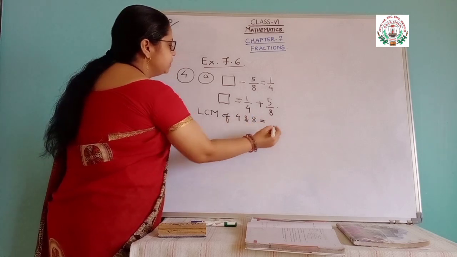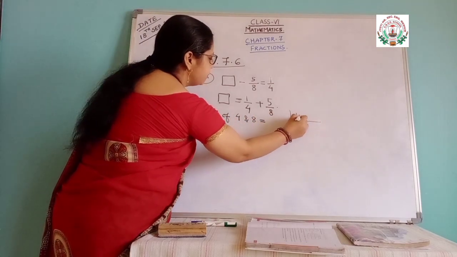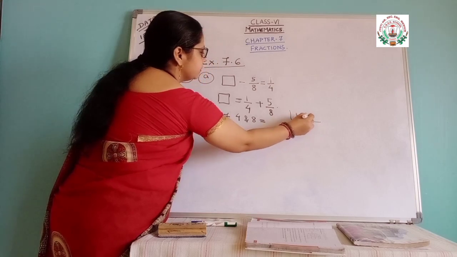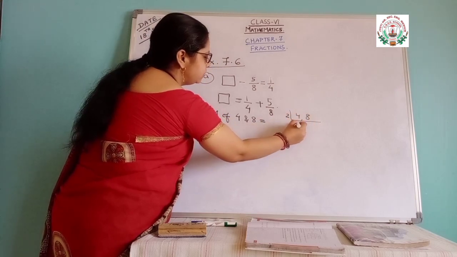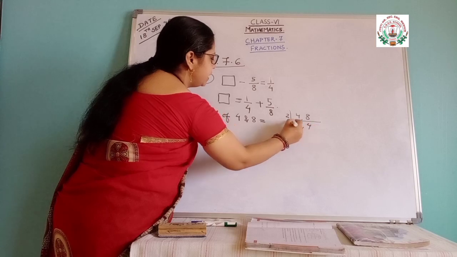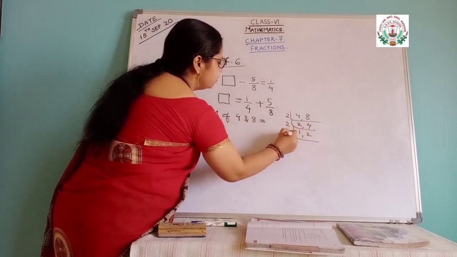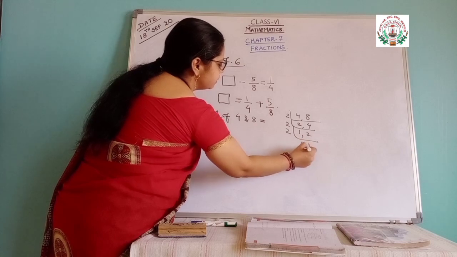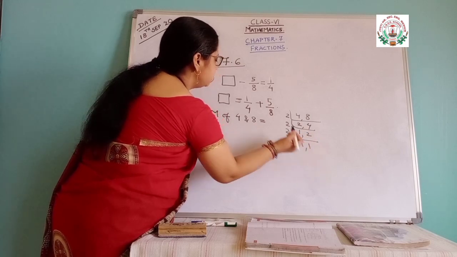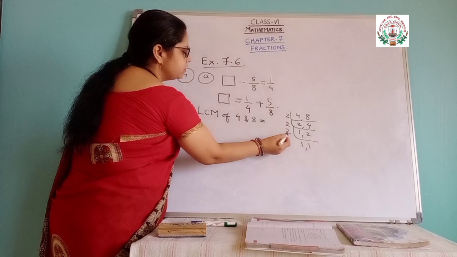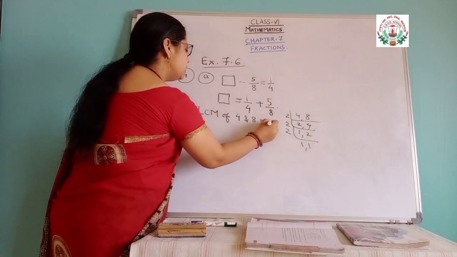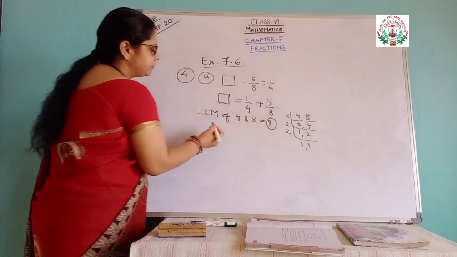You find out the LCM of 4 and 8. We start by 2. 2 2s are 4, 2 4s are 8. Again 2 1s are 2, 2 2s are 4. 2 1s are 2, 2 1 copying down and 2 1s are 2. So 2 2s are 4, 2 4s are 8. So 8 is the LCM.